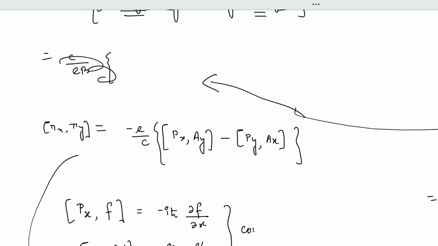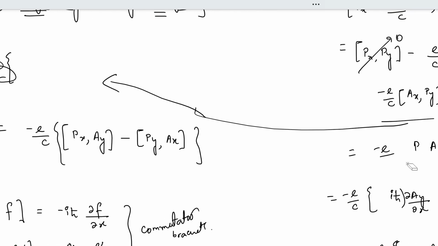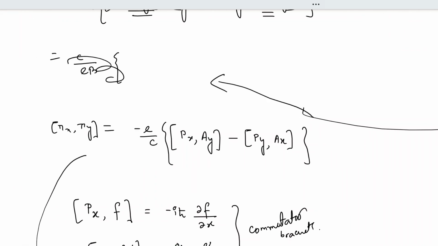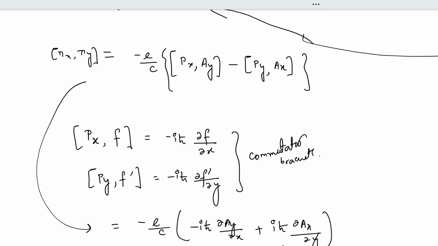So these relations are known. Okay, so once this is done, you have now to solve that this is equal to, you are getting this, and then you are having i h cut as common, so i h cut e by c.